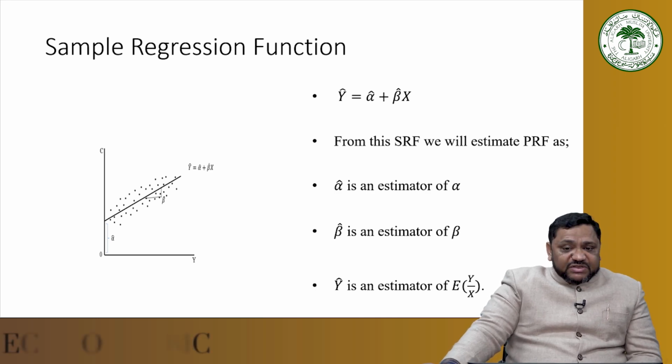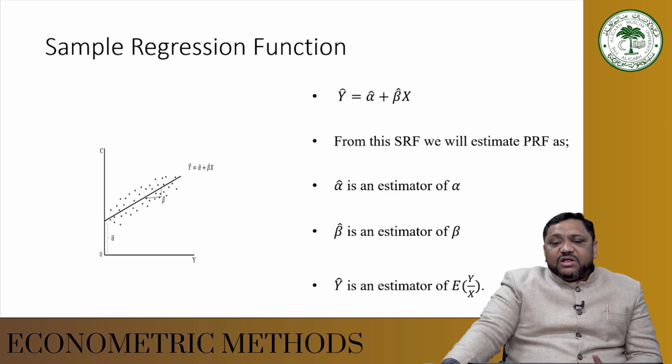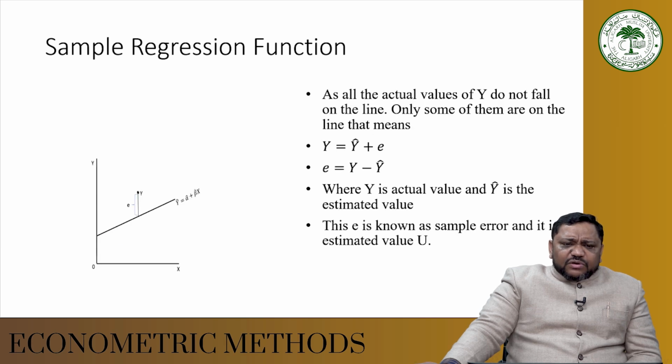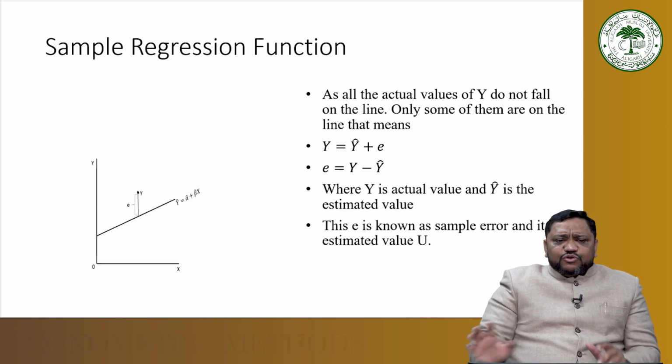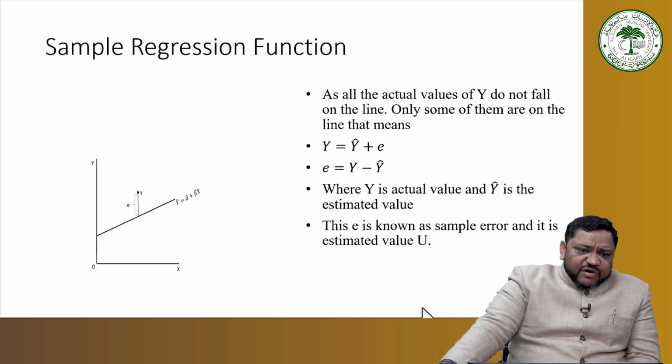So, sample statistics is the method to estimate the population parameter using the sample. Now, what are the sample statistics? Alpha hat and beta hat. They will be used to measure alpha and beta. Now, as all the values do not fall on the regression line, we have y equal to y hat plus e, the error.